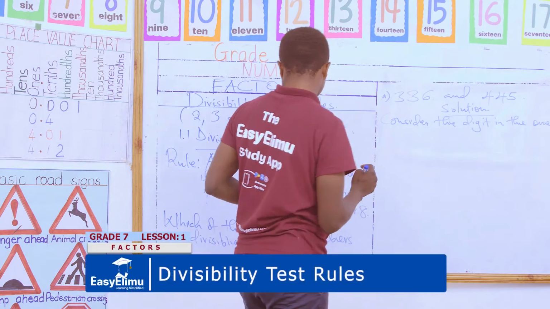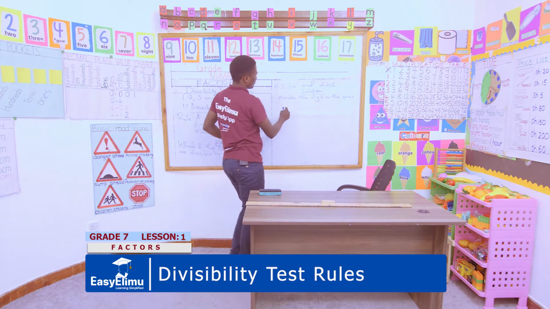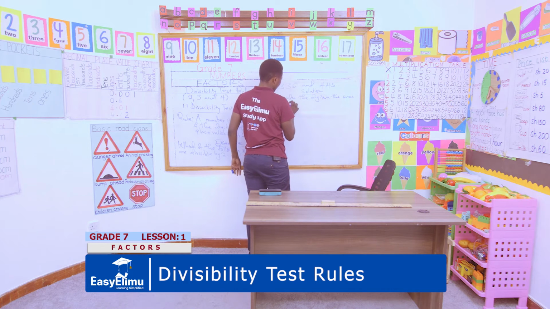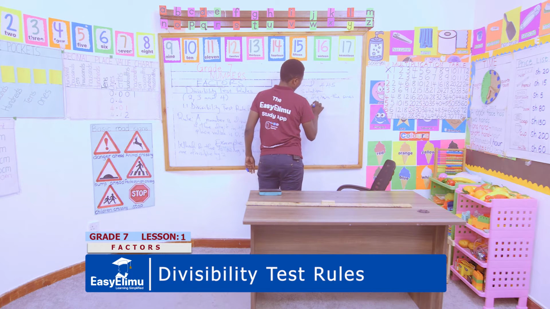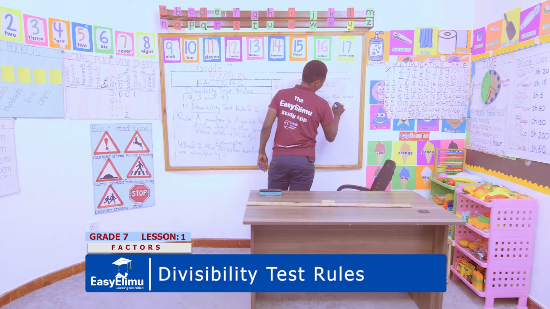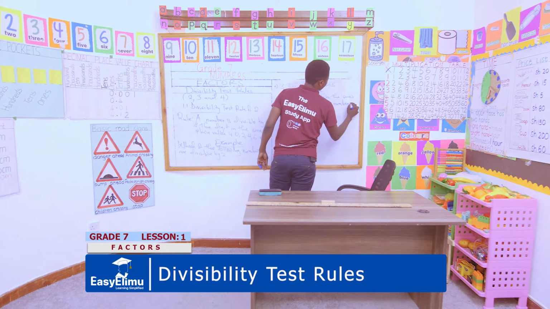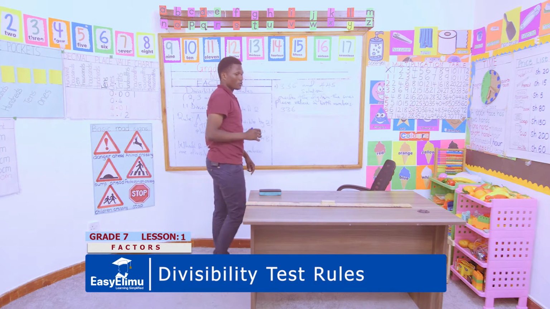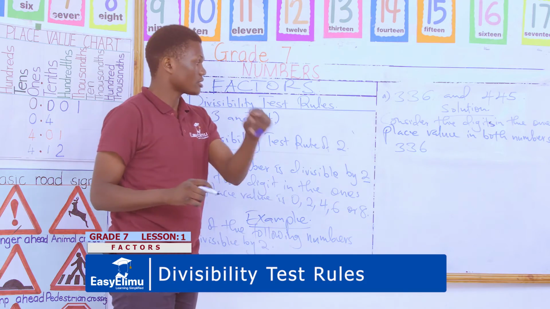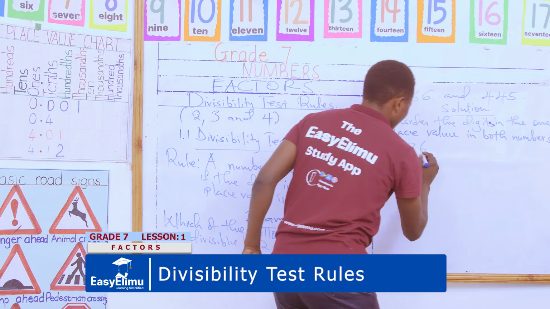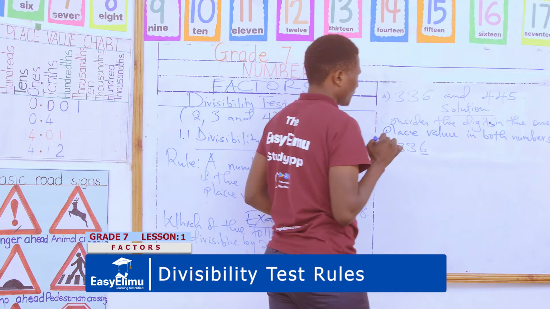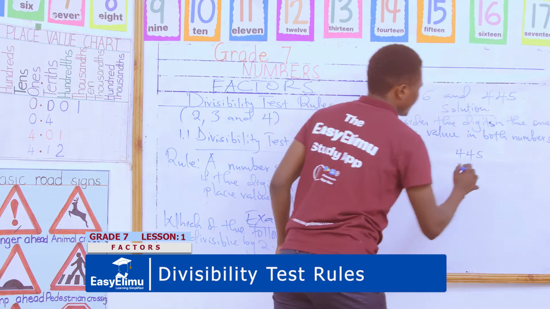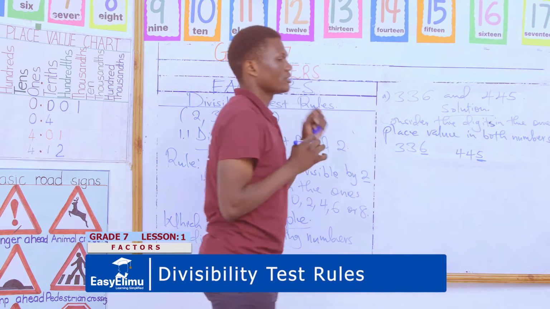In order to answer this question properly, you consider the digits in the ones place value in both numbers. So here the first number, 336. What is the digit in the ones place value? Yes, Paul? 6, correct. So the digit in the ones place value in the first number is 6. And the second number, which is 445, the digit in the ones place value is 5.